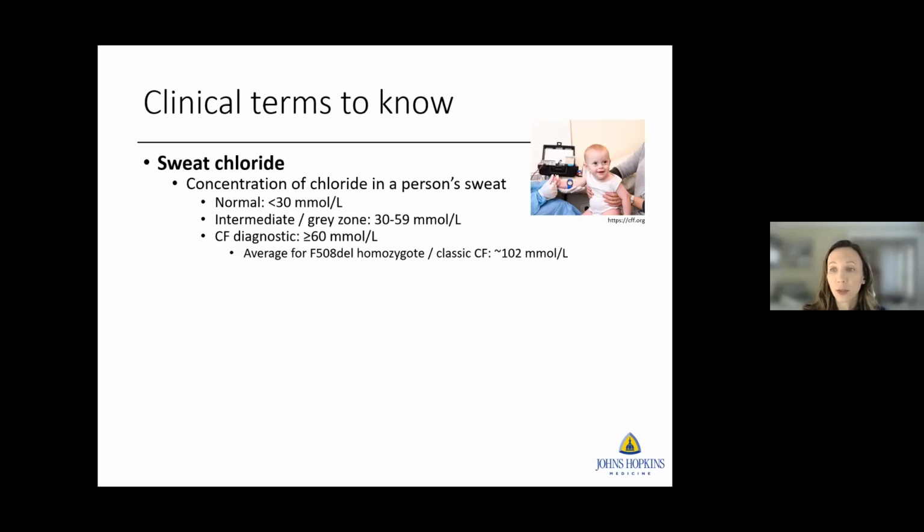So the diagnostic threshold is 60, but most people with pretty severe disease are going to be considerably above that. People who have sweat chlorides between 30 and 59 are considered to be in a gray zone or intermediate zone. Those are individuals who may have some evidence of CFTR dysfunction, but not necessarily diagnostic for CF.